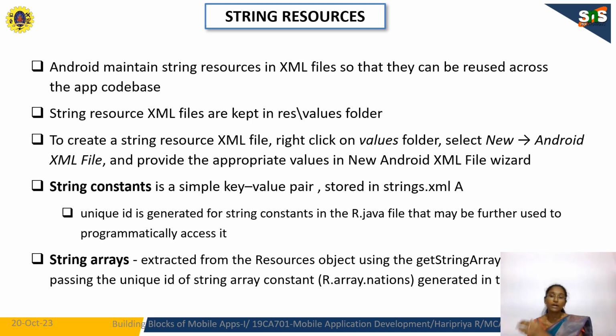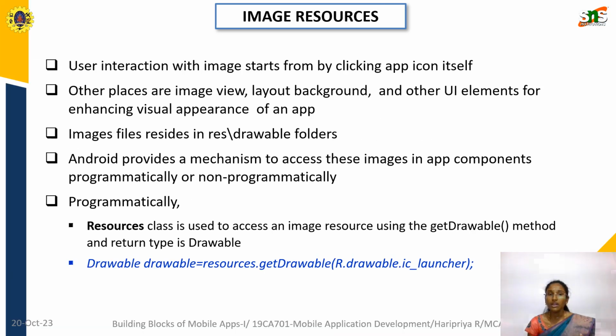Otherwise we drag the particular image and paste it on the resources side. The next one is image resources. This is drawable. Last time I told you about the images we want. We drag it to the particular place and paste it. Otherwise we go to the resources drawable, and paste that particular image.